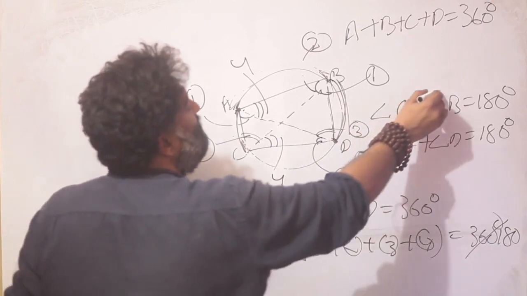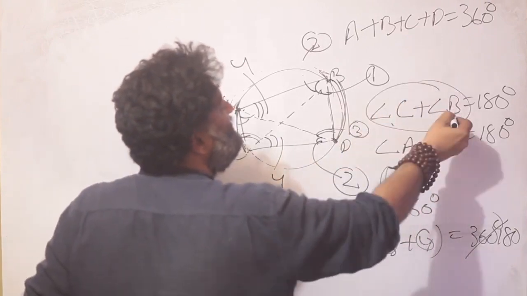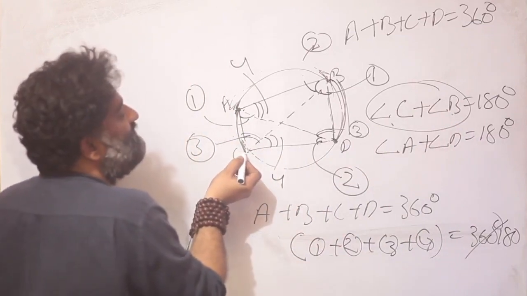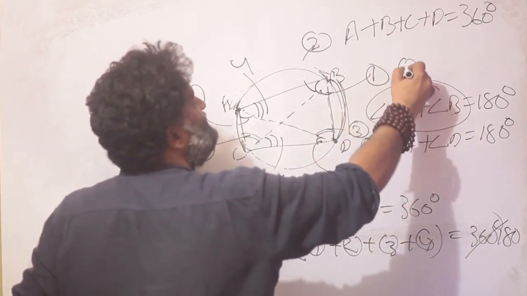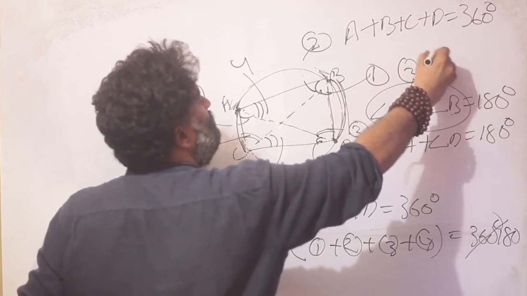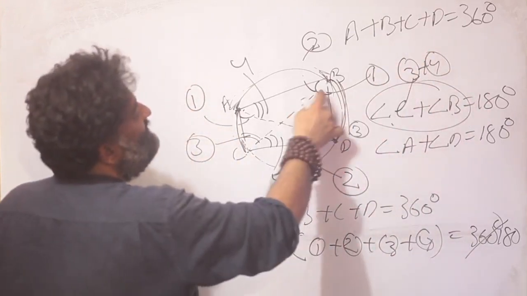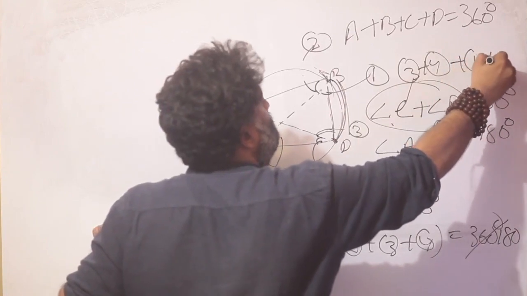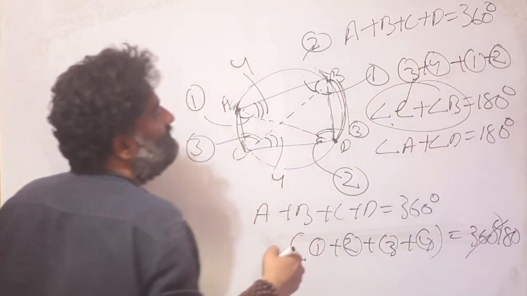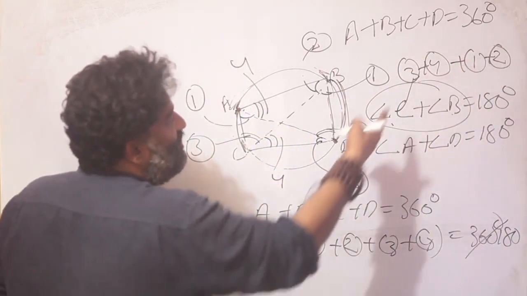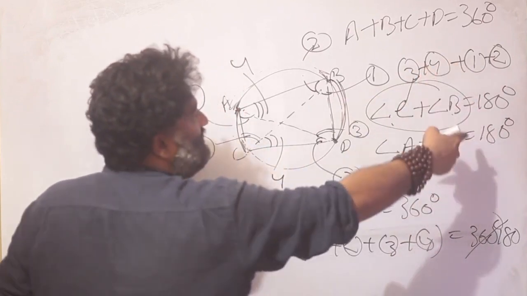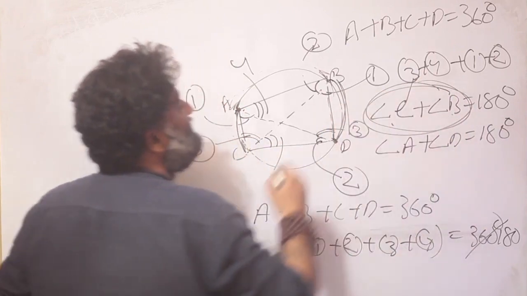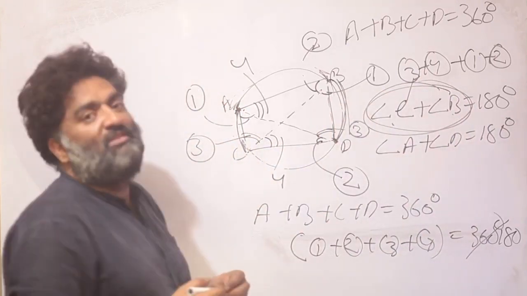Remember, my job was to prove that angle C plus angle B is going to be 180 degrees. Instead of angle C, I can say it is 3 plus 4. What is angle B? I see it is 1 plus 2. And I just saw 1 plus 2 plus 3 plus 4 is equal to 180 degrees, and therefore proven that angle C plus angle B is going to be 180 degrees.